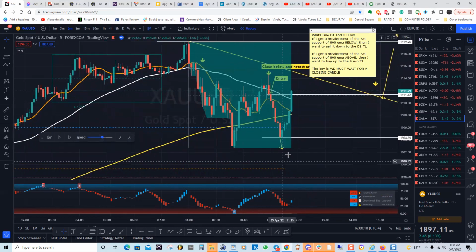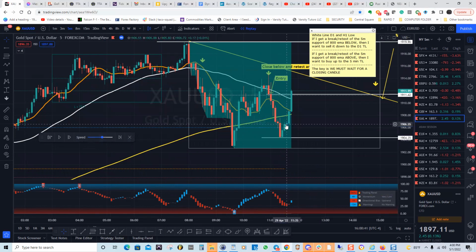So you would have gotten in here, taken it past 200, and then just held it until you see where it's stalling. Because once it came here, it started to reverse and came back to 200. So once it closed below 200, you could have taken your profit here and gotten out.